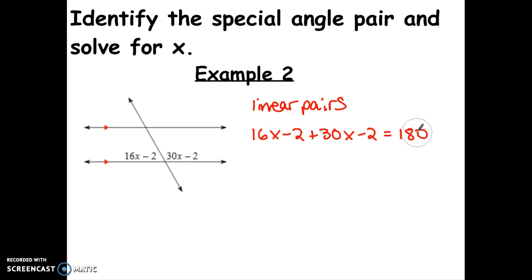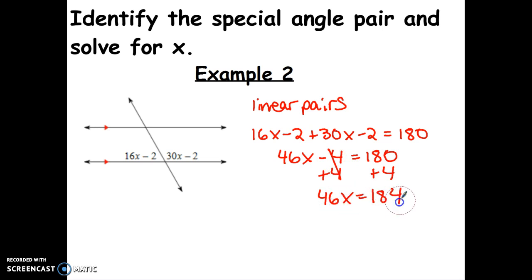When we combine like terms, 16x plus 30x gives us 46x, and -2 and -2 gives us -4. So let's add 4 on both sides. 46x equals 184. Divide 46 on both sides, and x equals 4.